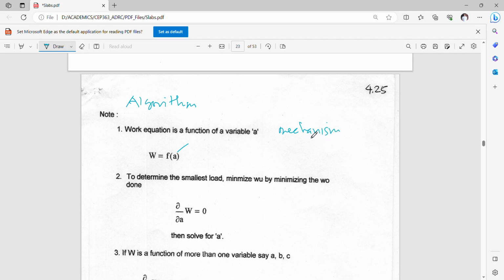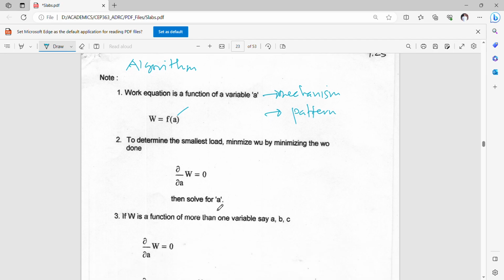So this is different from the number of patterns. You may have one mechanism with one variable but different patterns. You can have several mechanisms of different variables with different patterns. Okay, so it depends upon your choice.